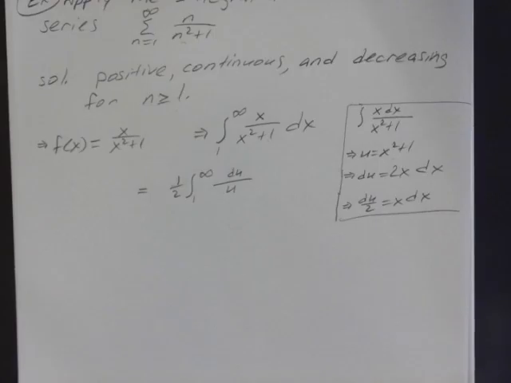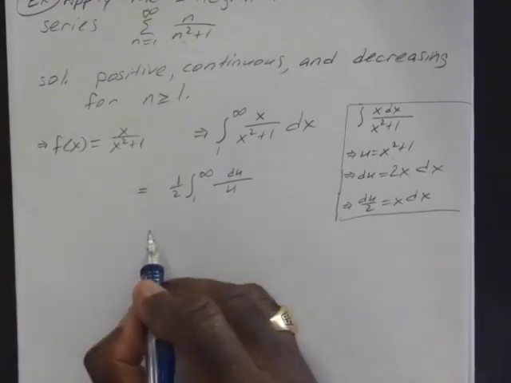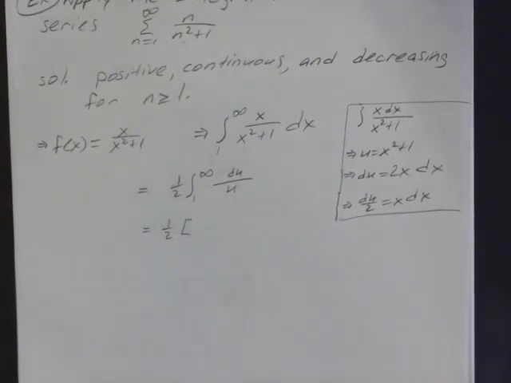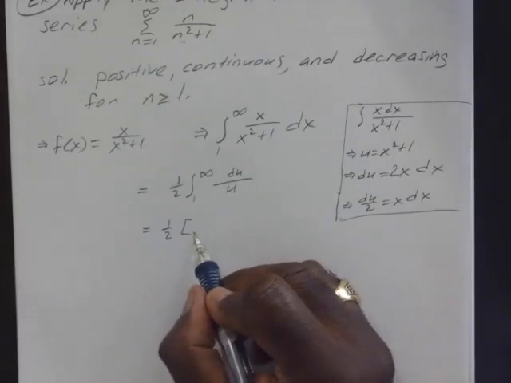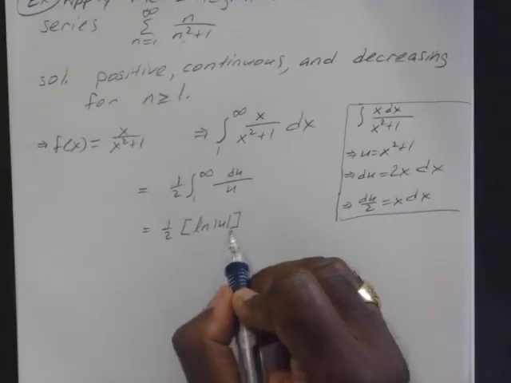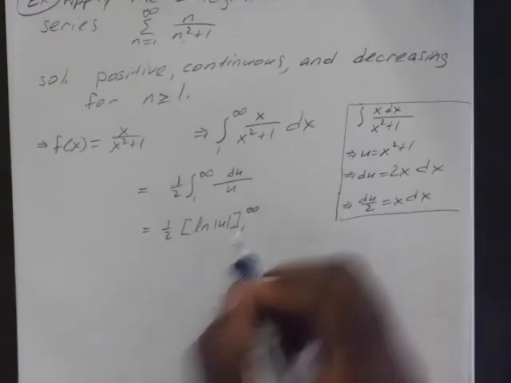So we have 1/2 times the integral of du over u, and the integral of du over u is just the natural log of u, from 1 to infinity.